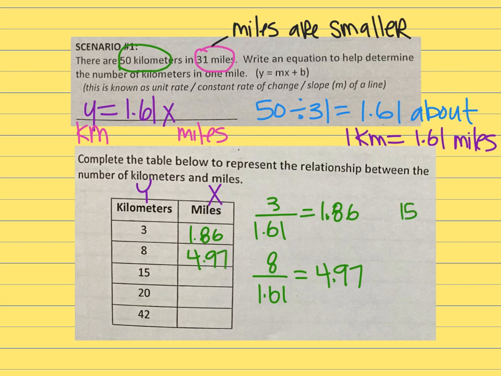Then 15 divided by 1.61 is about 9.32. I rounded that one up because the digit after the hundredths place was big enough. Then 20 kilometers divided by 1.61, because it takes that many kilometers to make 1 mile. It's 12.42.